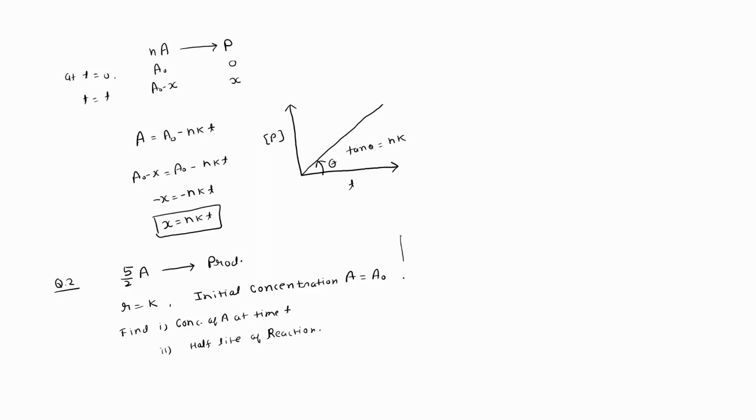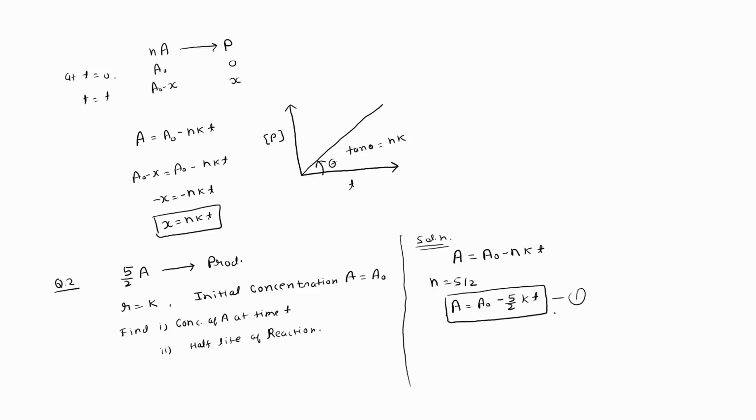Okay, so I will solve here. Solution. From the general equation, what was the general equation? The general equation is A is equal to A naught minus nkt, and here n is equal to 5 by 2, so A is equal to A naught minus 5/2 kt, which is your final expression for A. First question complete.